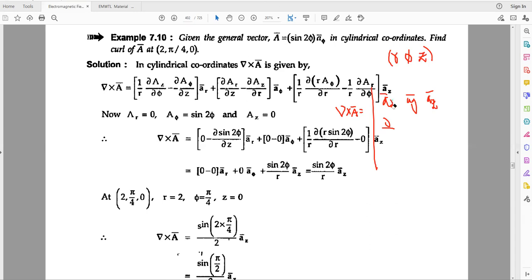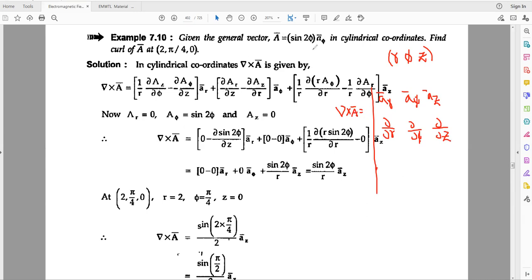The cylindrical coordinates mean AR bar, A phi bar, and AZ bar, with dou by dou R, dou by dou phi, and dou by dou Z. And what is the function? It is phi only.